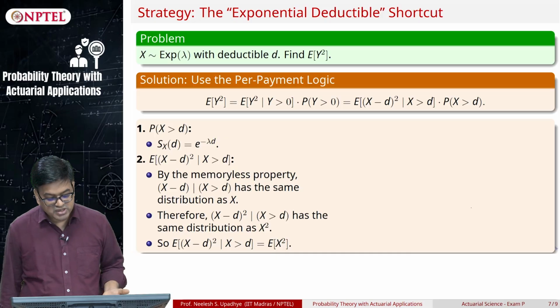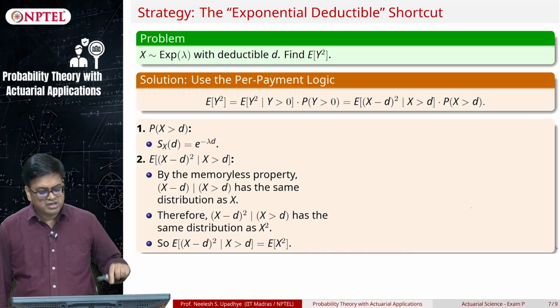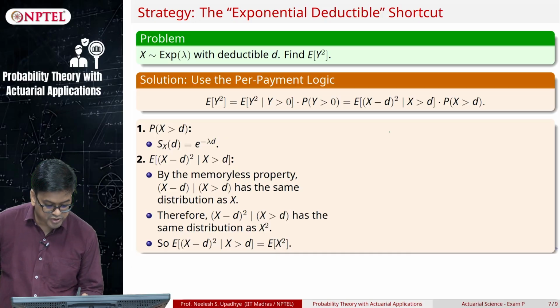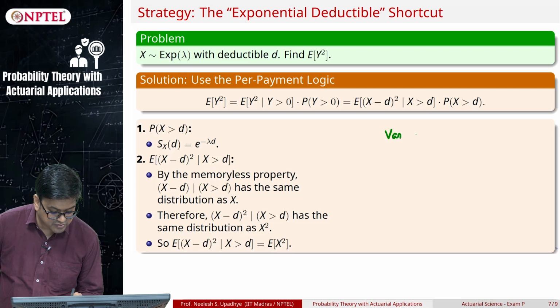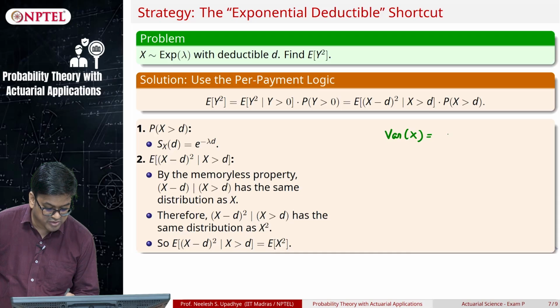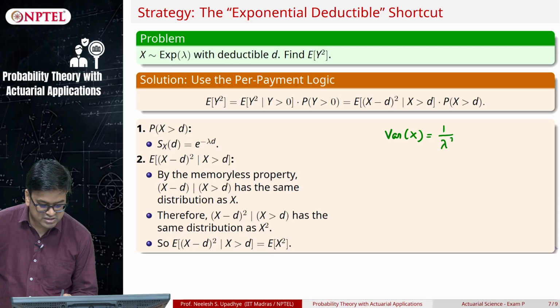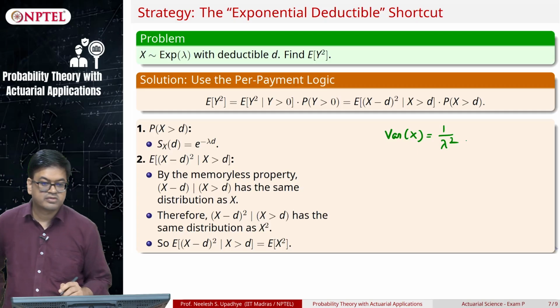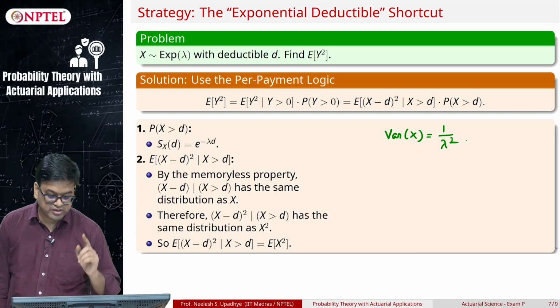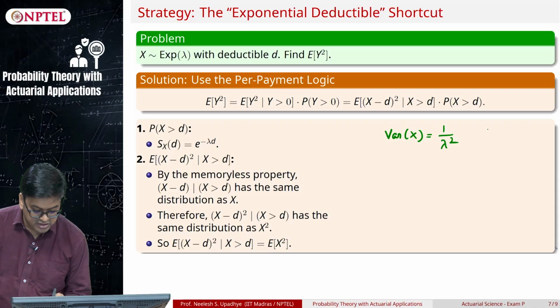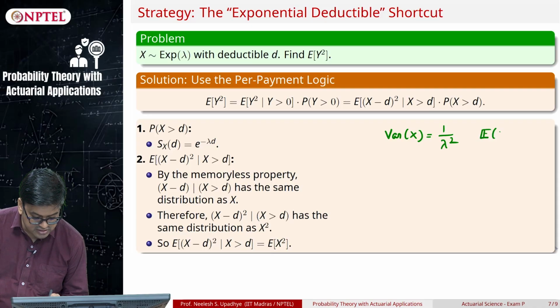So, do I know what the expected value of x squared is? Yes, I can easily compute it, because what I know is the variance of x is going to be 1 by lambda squared. The expected value of x is going to be 1 by lambda.